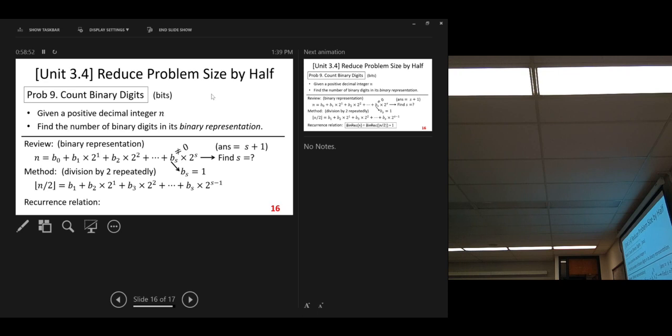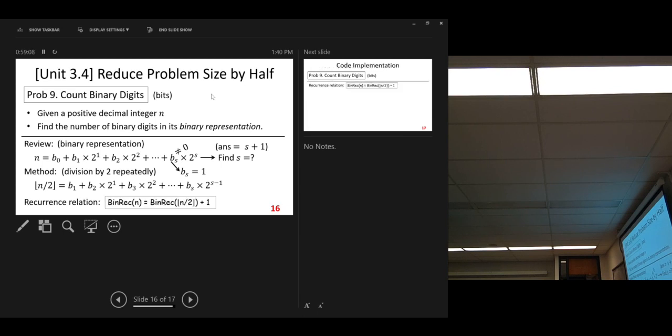Now let's look at this using the recursion idea. What recurrence relation do we get? For the original problem, let's assume this is the binary count of n. Now we do the division by 2 with the floor function. This is a new problem size: how many bits do we use?